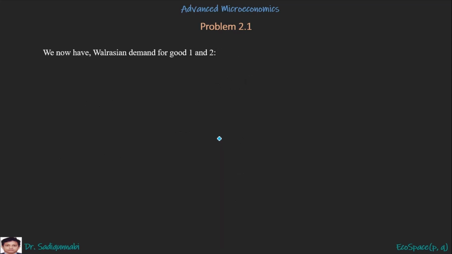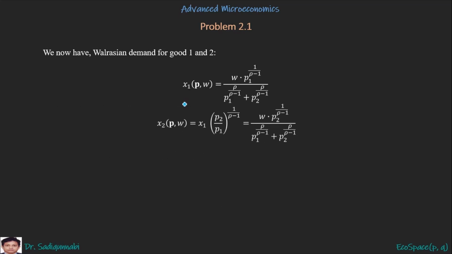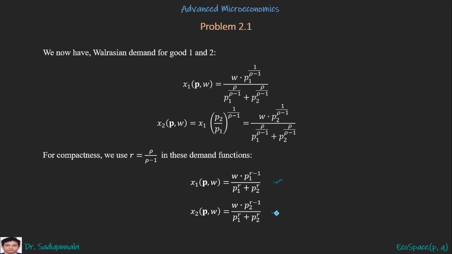So we can list Walrasian demand for good 1 and 2. These two equations are complicated. We can make it simple by replacing rho upon rho minus 1 by r, and then we get this Walrasian demand for good 1 and Walrasian demand for good 2.